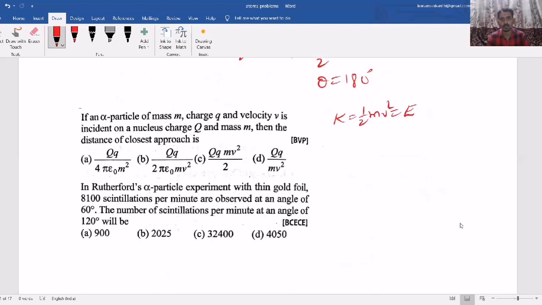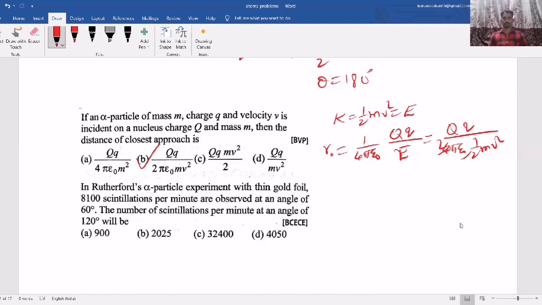Then the distance of closest approach is 1/4πε₀ into Qq/E, where E equals ½mv². So if you substitute, option B will come.